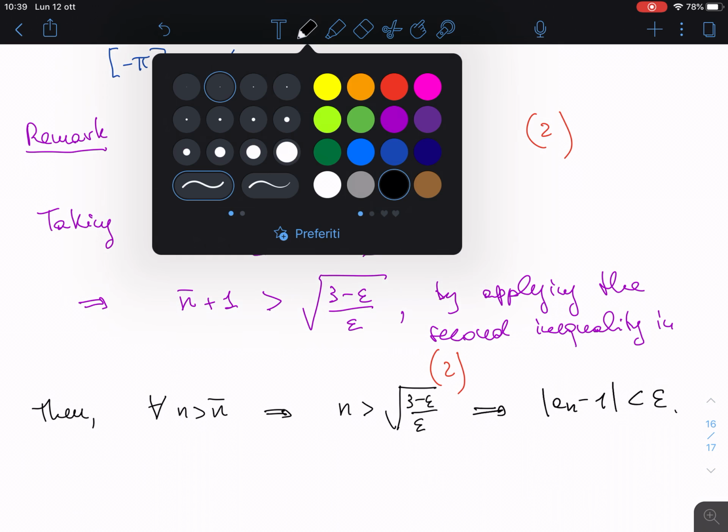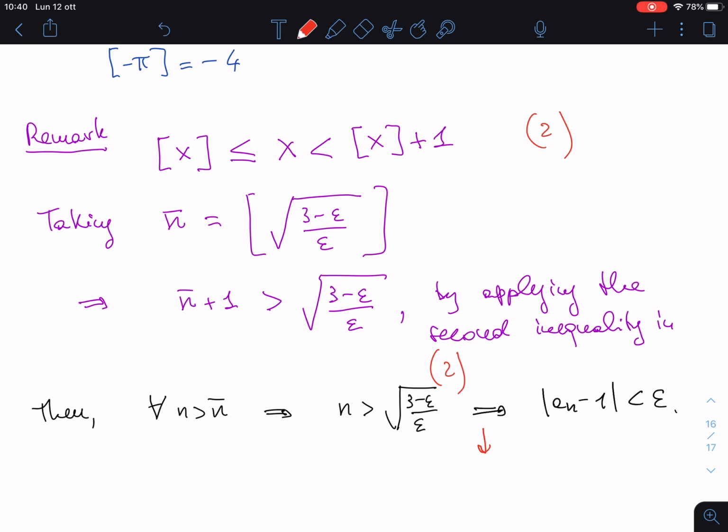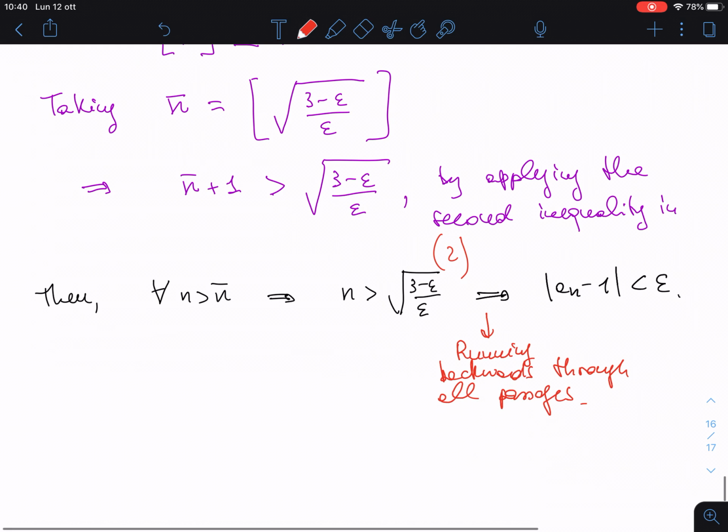This conclusion can be recovered running backwards through all passages. Okay? So I ask you to think a lot of this exercise, because the purposes of this exercise are twofold. First, understand the notion of limit. Second, understand this use of the integer part. So, and then I stop here and I go for the last part of today's lesson.